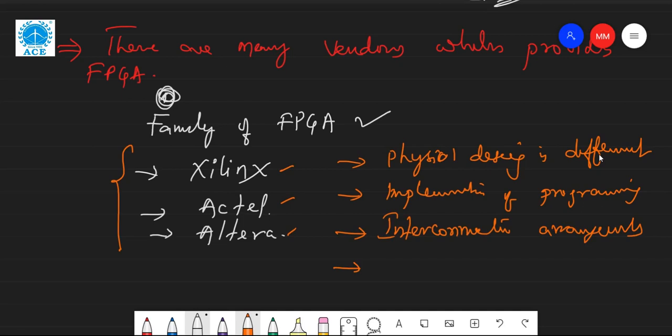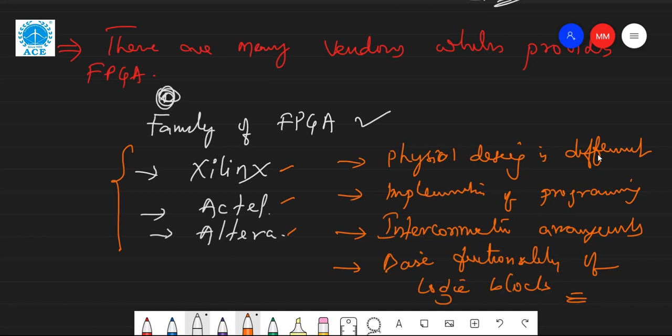The arrangements are different, but the operation will be the same. So the basic functionality of logic blocks is also different.